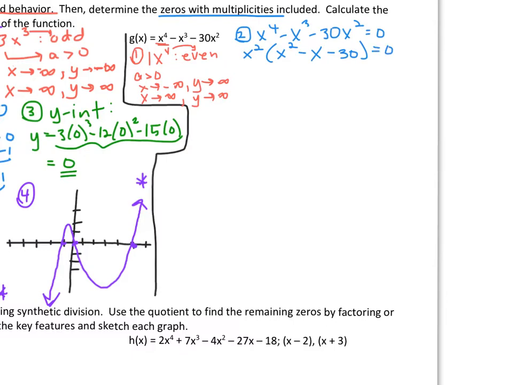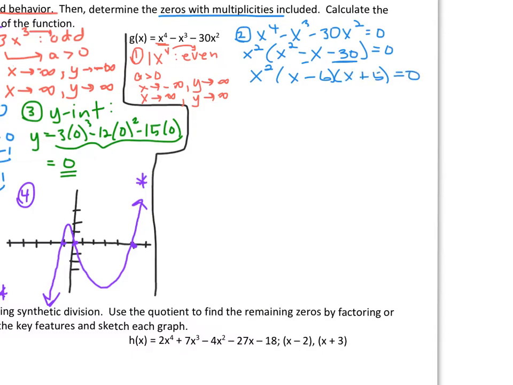Now notice it's quadratic. And again, like that last problem, all we need to do is factor or find two numbers that multiply to get negative 30, but add to get negative 1 in the middle. Keeping that x squared out in front, can you think of two numbers that would do that? If you thought negative 6 and positive 5, that would work.